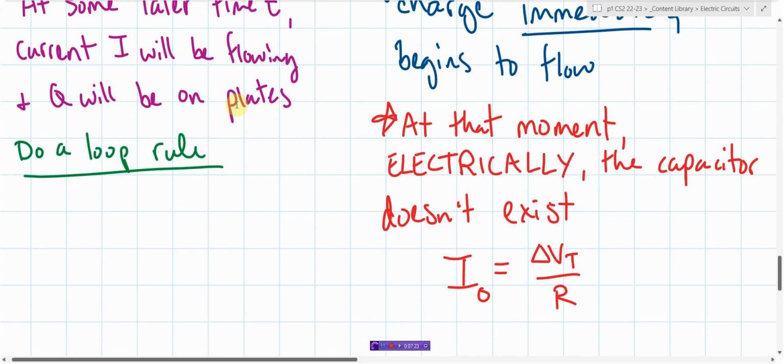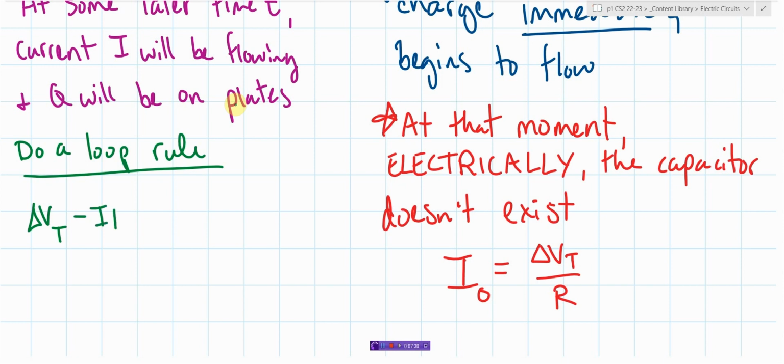So, my loop rule will look like this: I get my delta V when I cross the battery, then I go through the resistor, then across the capacitor, and then we're back to where we started, so it equals 0.